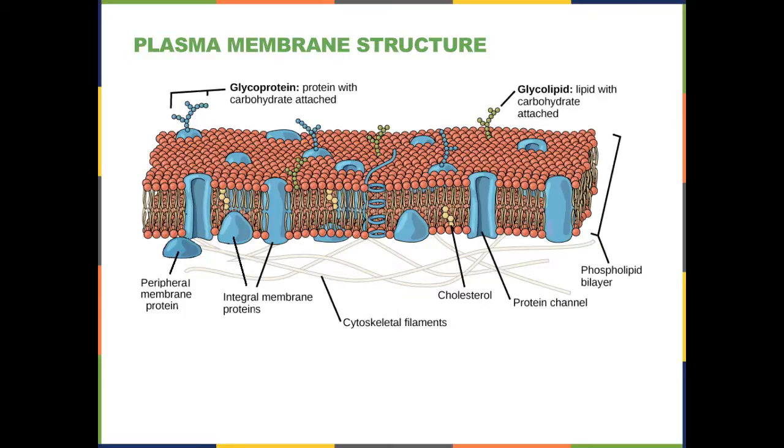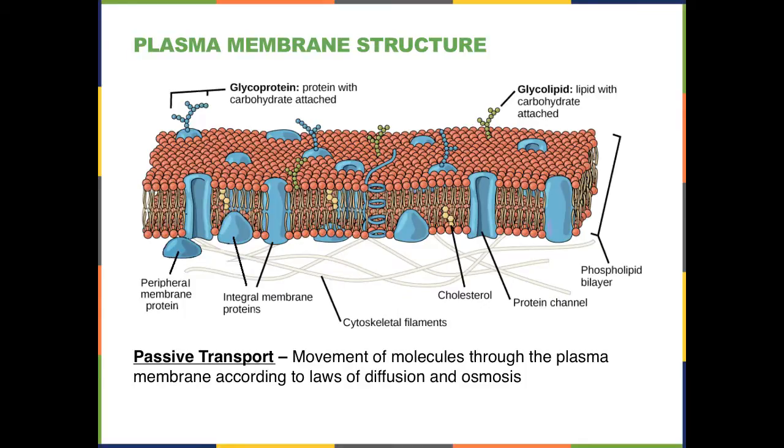First of all, we have what's known as passive transport. Now, passive transport is the movement of molecules across the lipid bilayer according to the laws of diffusion and osmosis. This means that the molecules obey the basic laws of physics regarding diffusion. That is, the molecules will move away from higher concentrations and into lower concentrations.